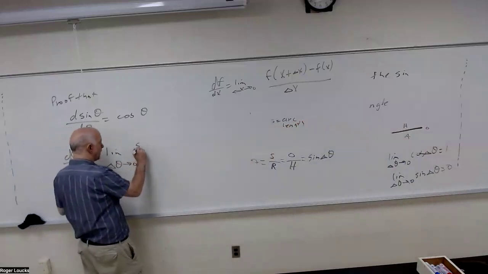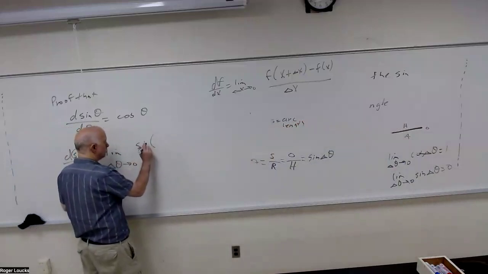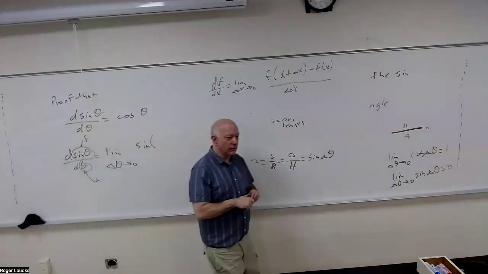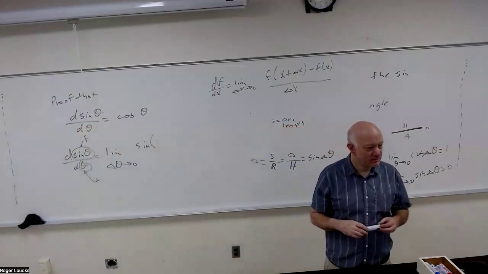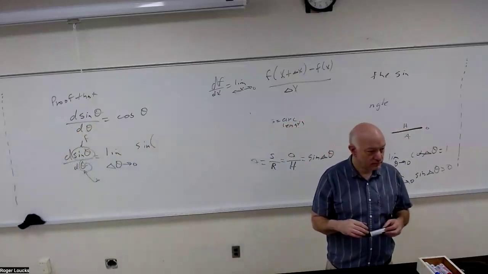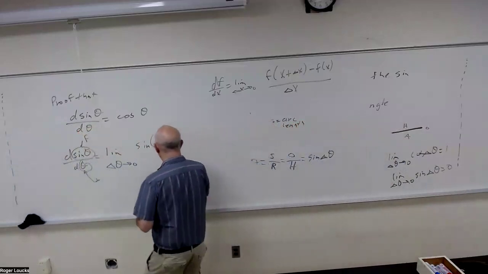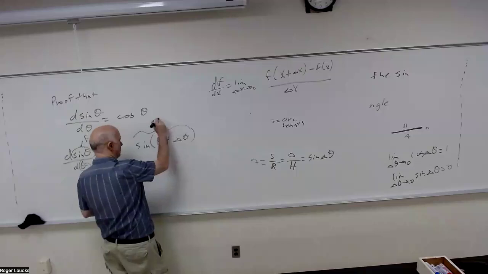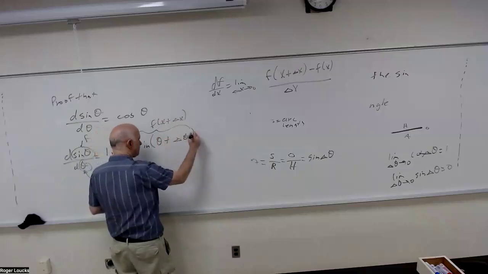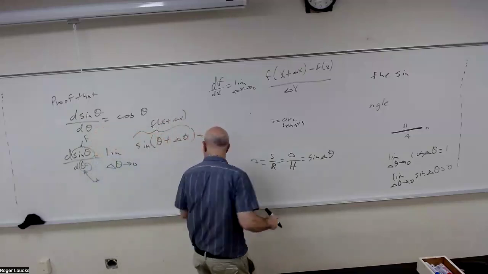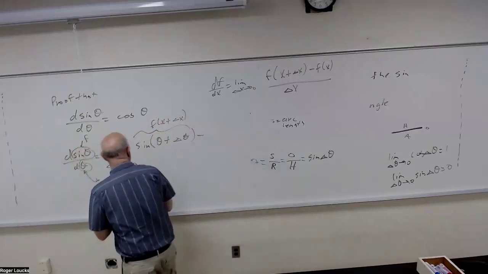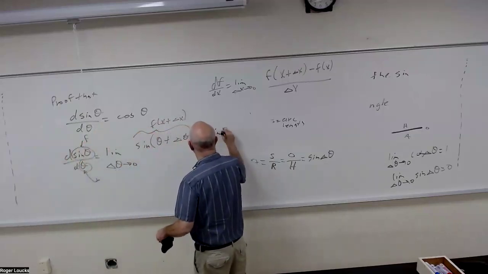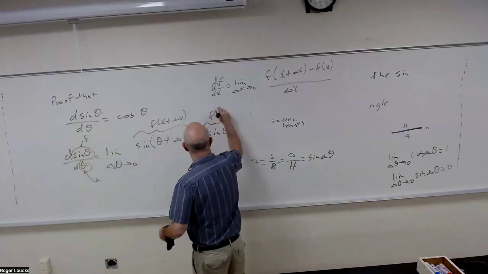So I'm going to have sine evaluated where? Exactly, theta plus delta theta. So this term here is like my f of x plus delta x, minus sine of theta. So this is my f of x.